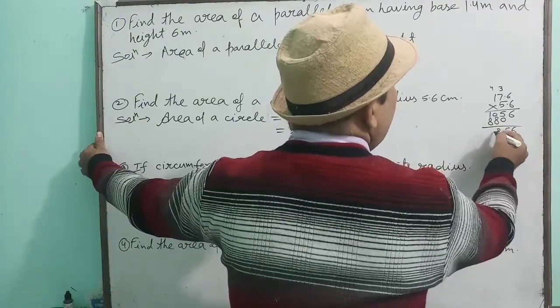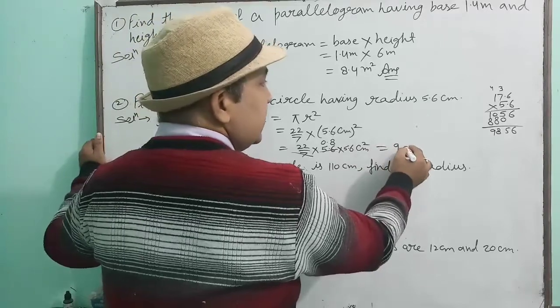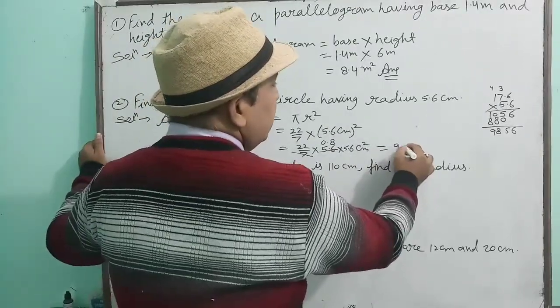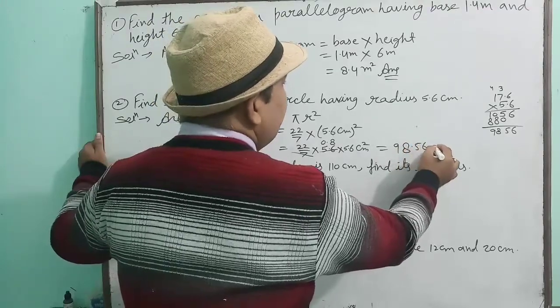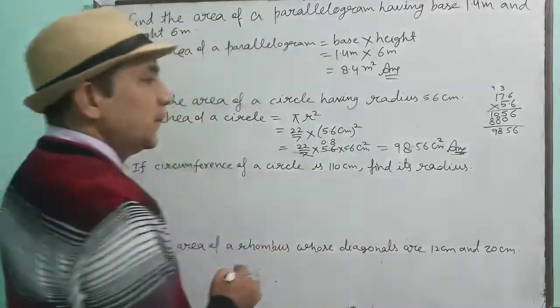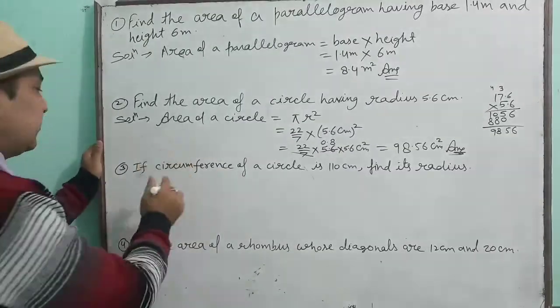So you will get the area of the circle is 98.56 centimeter square. Okay, you can see that the questions are directly based on the formula.